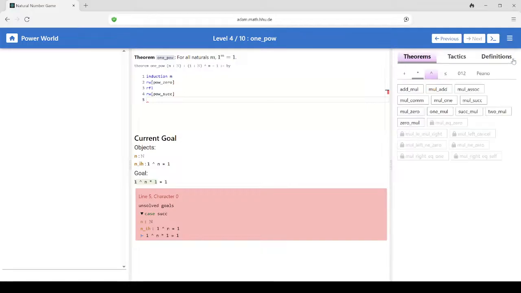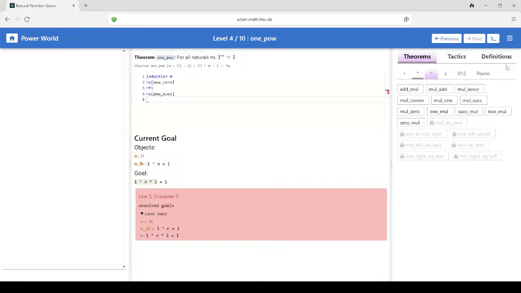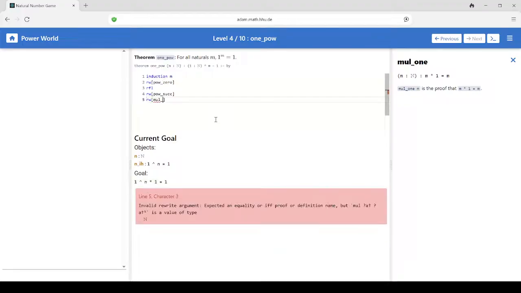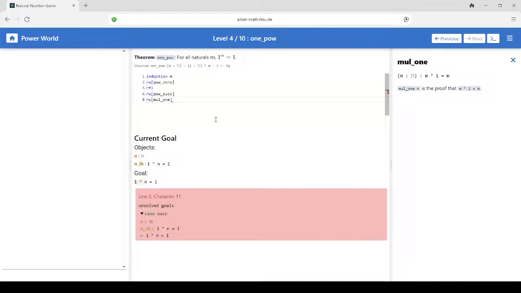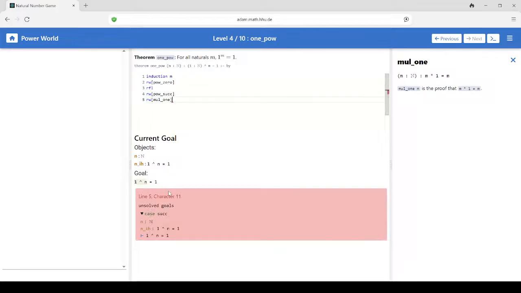No, we want the opposite. We want 1 multiply. Yeah, this one. Nope, I was wrong. We did want the other one, multiply 1. Anything times 1 will equal itself. Now we have 1 to the power of n equals 1.